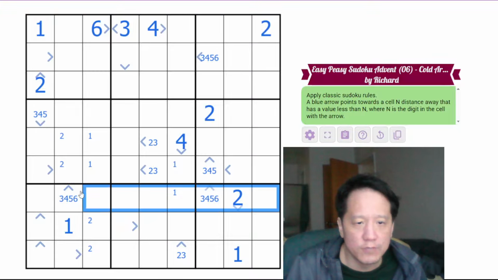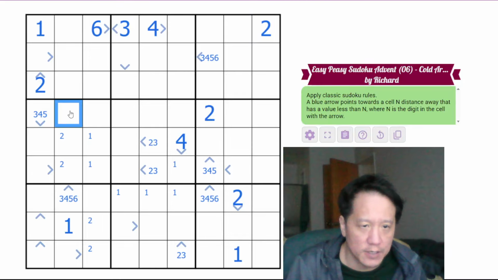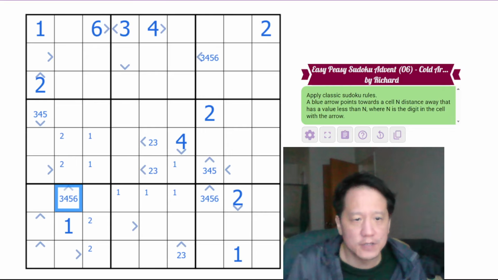1 in row 7 then must be one of these 3 cells. We cannot have 3 away because 3 away cannot have a 1 here and cannot have a 2 here. So this can't be 3 away. This must be 4, 5, or 6 away.